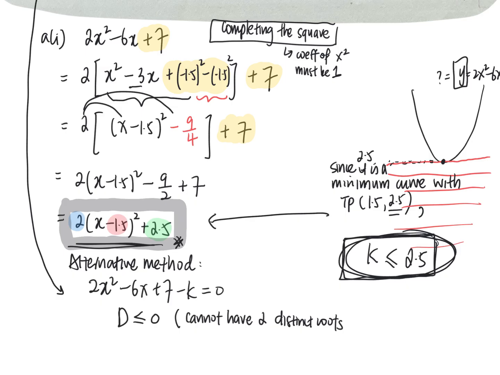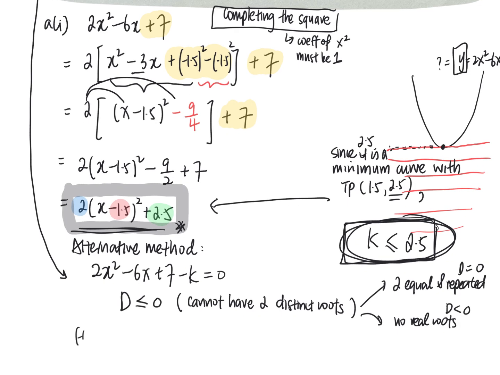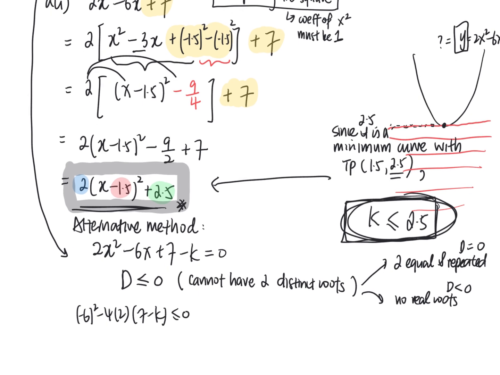This means you can have 2 equal and repeated roots or no real roots. This is where it's equal to 0, and this is where it's less than 0. So you do your b squared minus 4ac less than or equal to 0, then solve it.